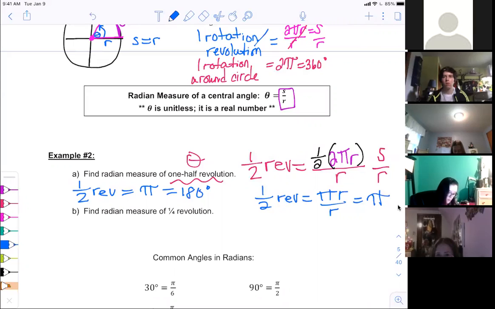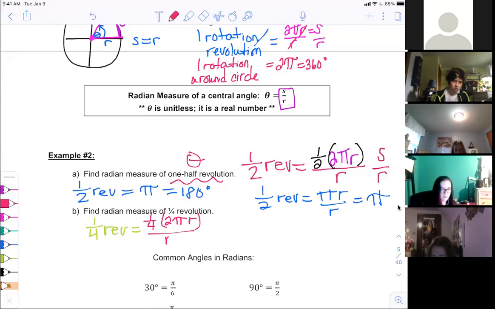So if I do the same thing, if I want to find a quarter of a revolution, so 1/4 of the way around, I would say, all right, well, I know the whole distance is 2 pi r. That's the distance of the edge of the circle, the circumference of the circle, the arc. That's called our arc. I only want 1/4 of that. And then based off of the measurement of an angle, I have to take that arc and divide it by its radius.